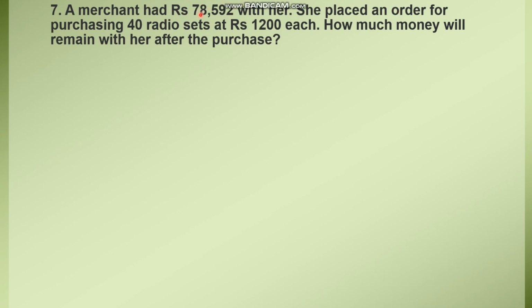So you have to subtract the amount of purchase from the total amount to get the money that remains with her. Got it? First find out 40 into 1,200, then subtract that from 78,592. Then you will get the money remaining with her after purchase. Got it, children? So everyone try to do it yourself.